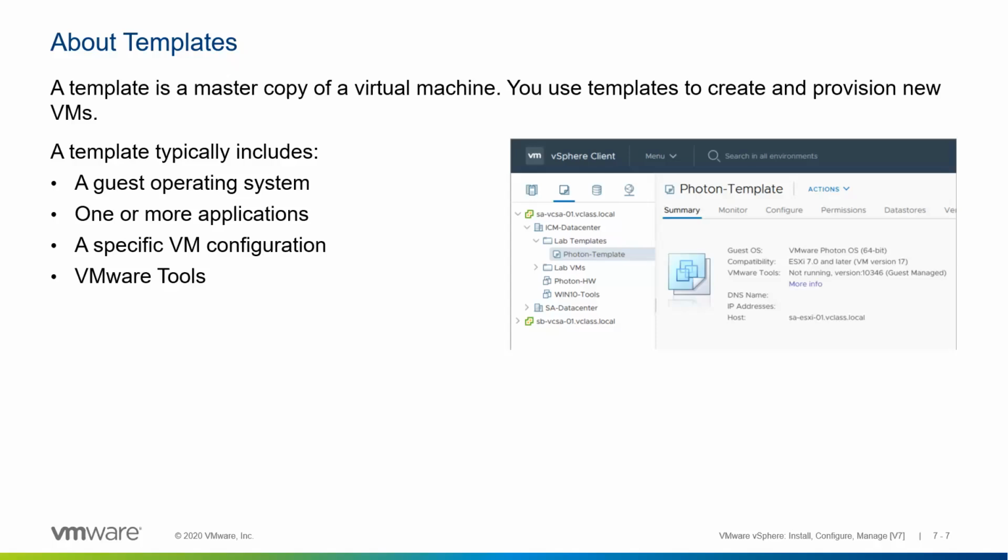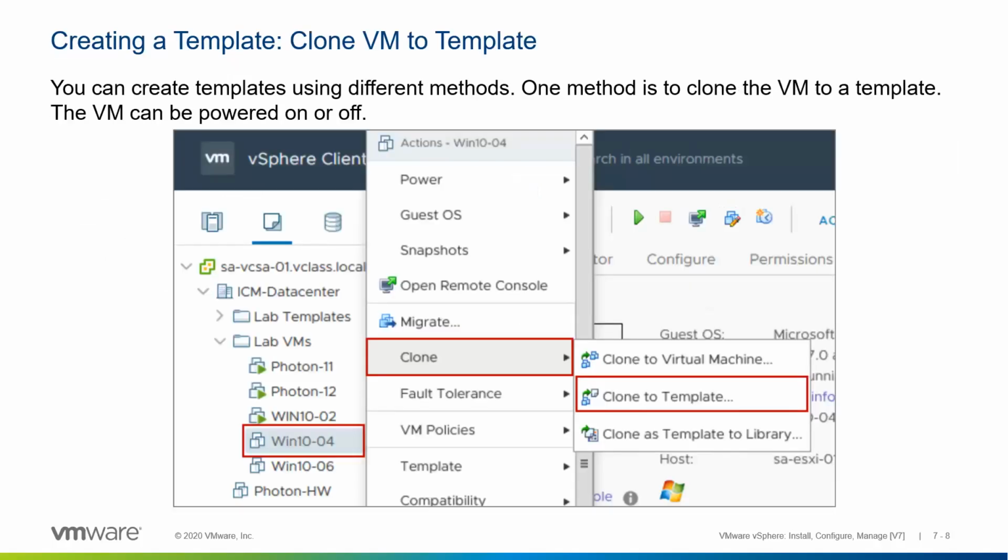A specific VM configuration, meaning a certain amount of RAM, certain amount of hard disk size, network cards connected to a specific network, things like that. And VMware Tools being installed. So a complete functioning system.